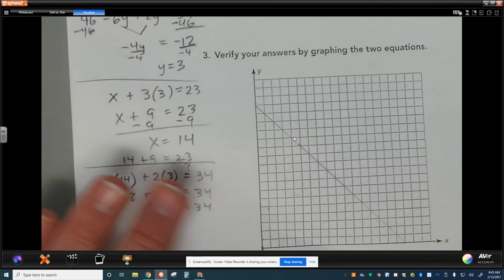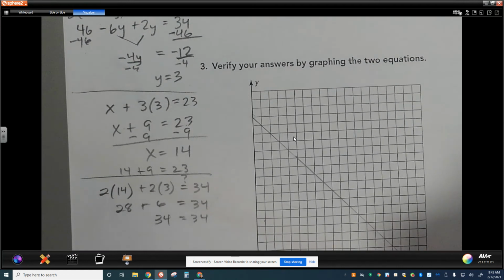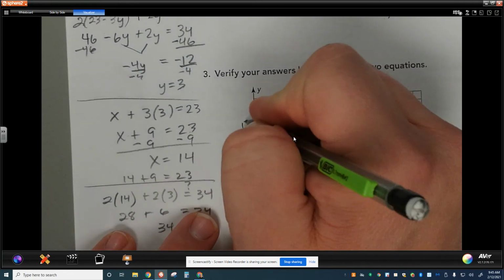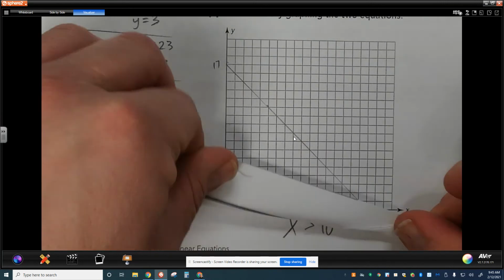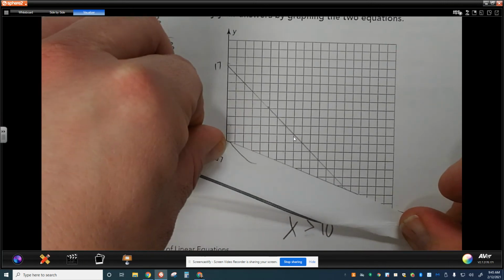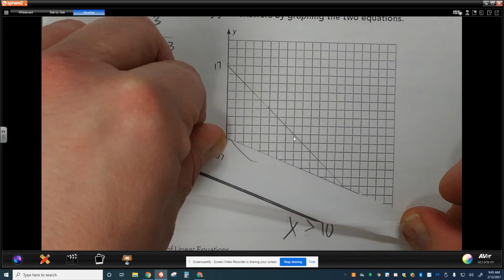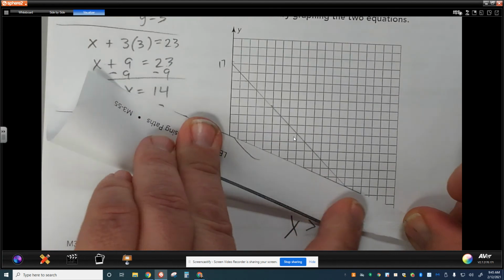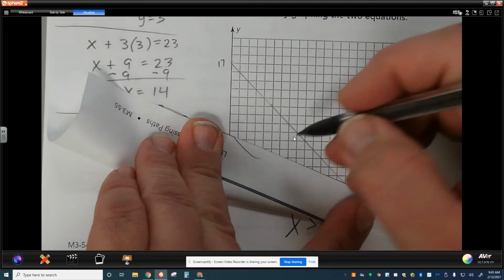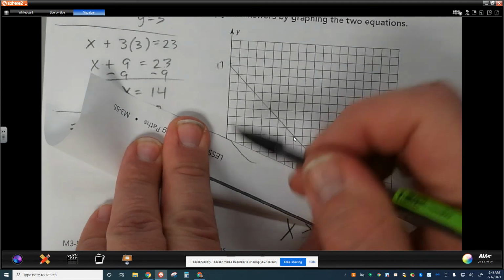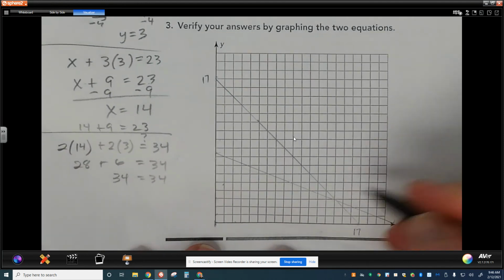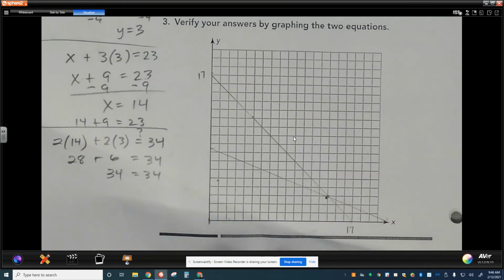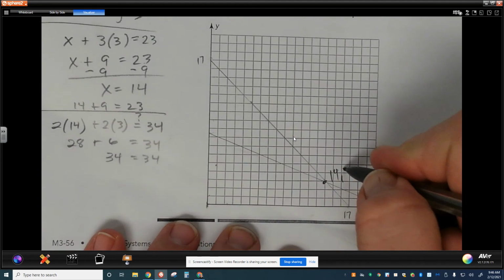And the other line would intersect right here. And we would actually see that point right there is 14 and 3.